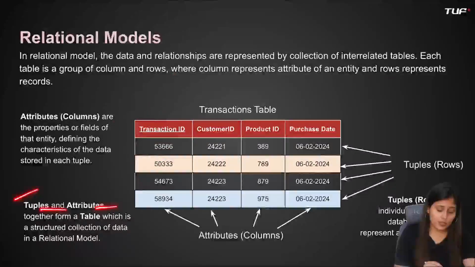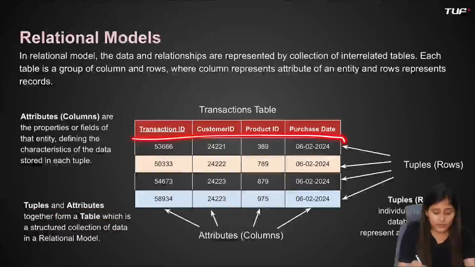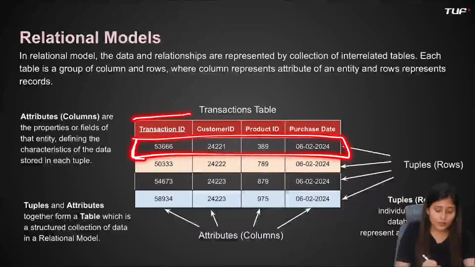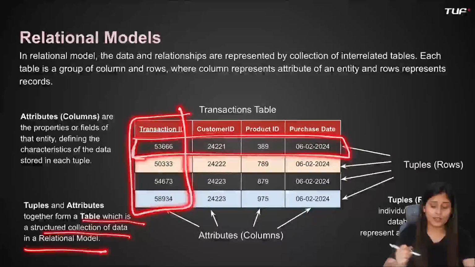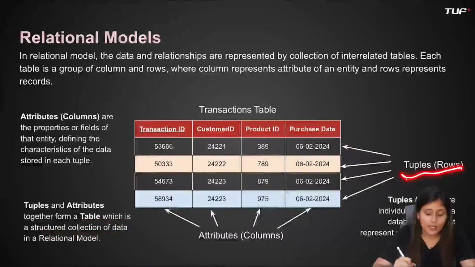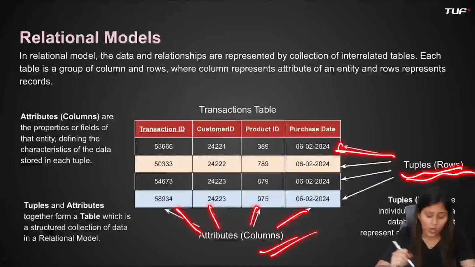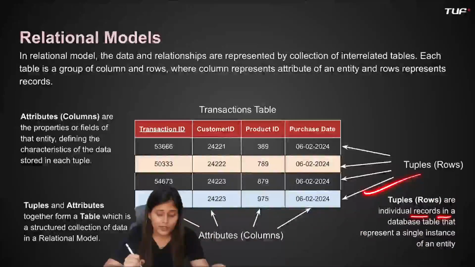Next, tuple and attributes. So tuple and attributes together form a table. Tuple, this row, and attribute, column, together form a table which is a structured collection of data in a relational model. So tuples are nothing but rows, you can say here, and attributes are nothing but columns. So tuples are individual records in a database that represent a single instance.